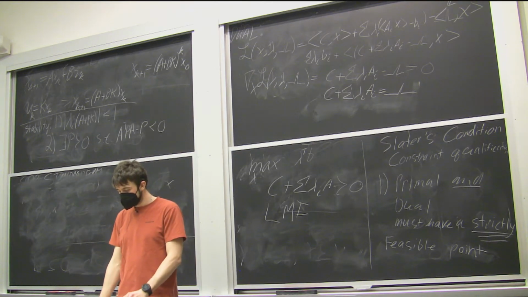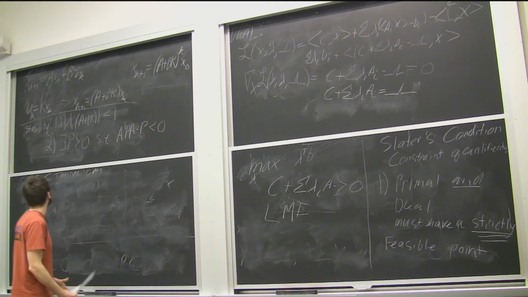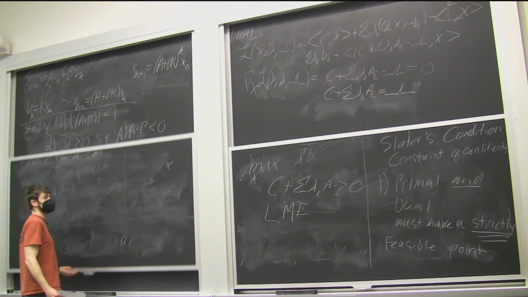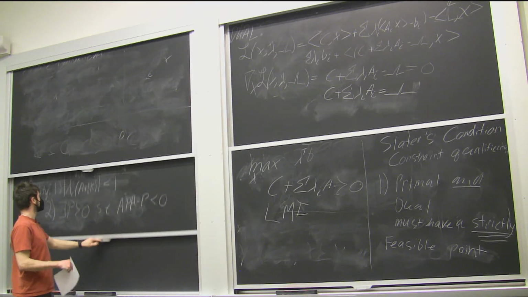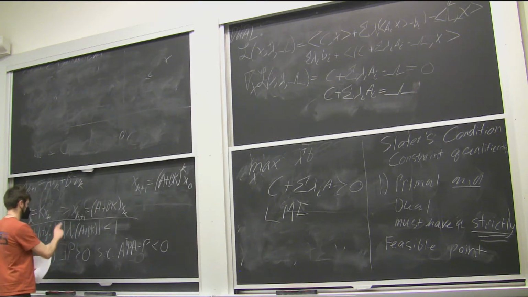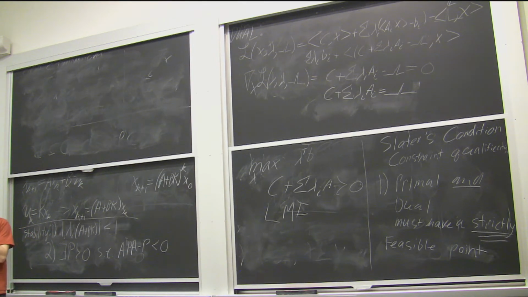Why would we use that sort of definition instead of the other one? Wait. The real component being less than 0 is for continuous time systems. Okay. This is discrete time.